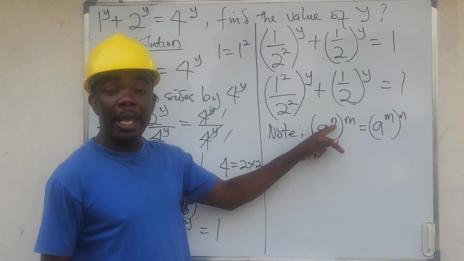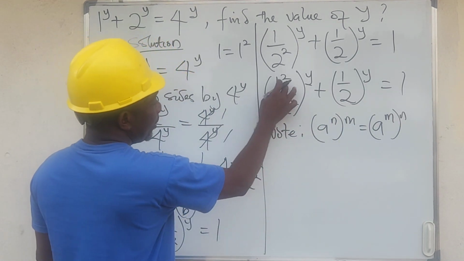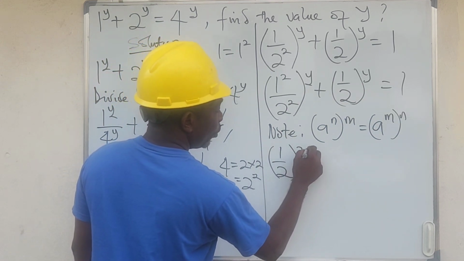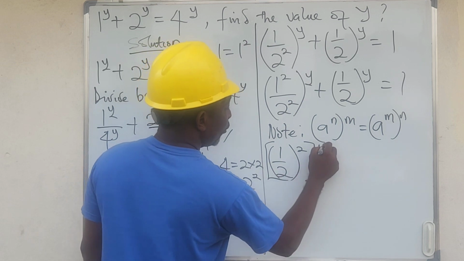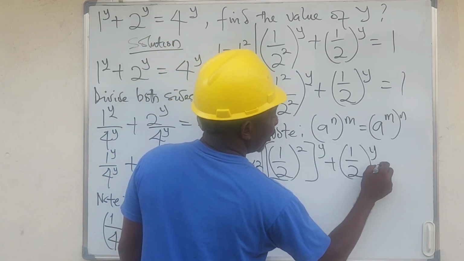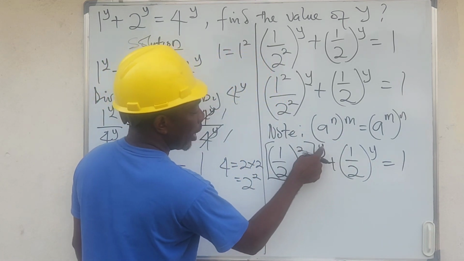So this m and n can interchange. So here is the same thing as where we have 1 all over 2 raised to the power of 2, then all to the power of y plus 1 all over 2 all to the power of y equals 1. So as we said here, these 2 can go here and y can go here.